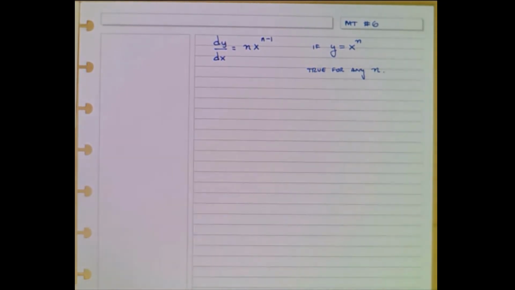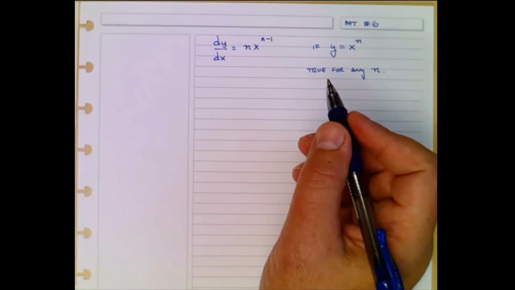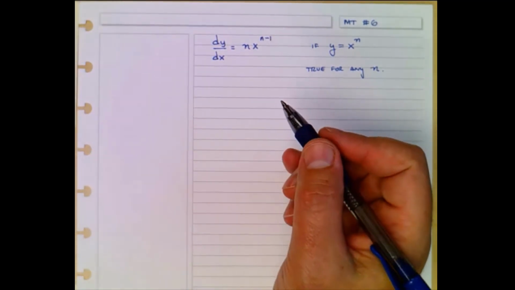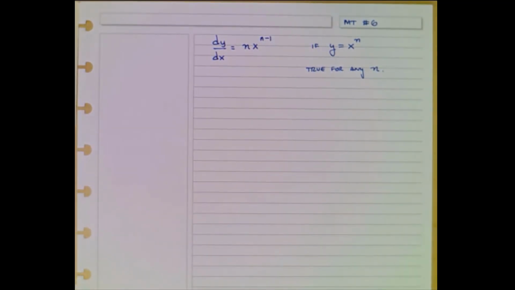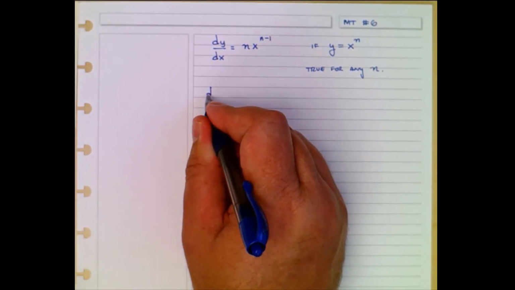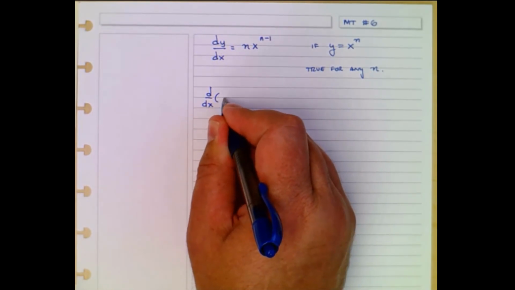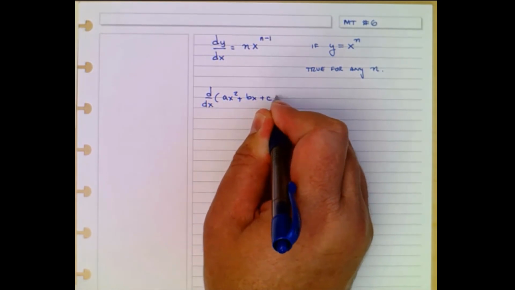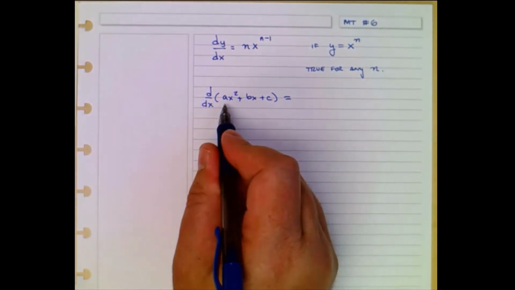So, taking dy dx and using simply the mechanical method, you can find easily the two results that we got before, namely that if y is ax squared plus bx plus c, then dy dx is 2ax plus b. Let's just look at this explicitly. The derivative with respect to x of ax squared plus bx plus c. I take the first term.